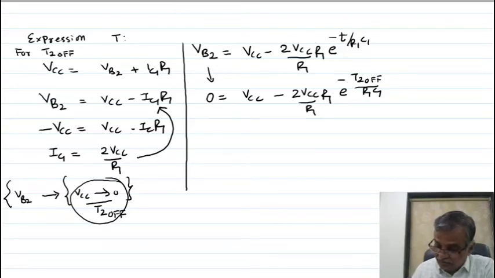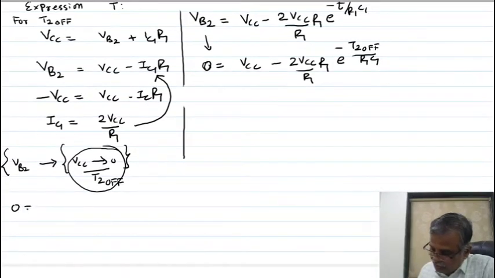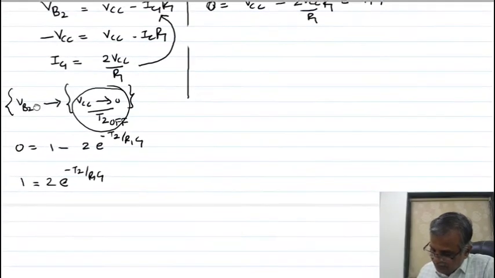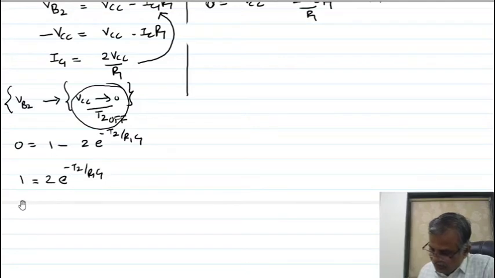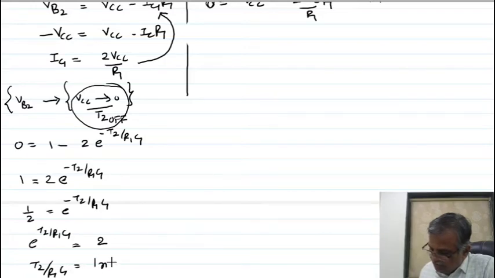From this you can easily write 0 is equal to 1 minus 2 into e raised to minus T2 by R1 C1. So 1 by 2 is e raised to minus T2 by R1 C1. So e raised to T2 by R1 C1 is equal to 2. So T2 by R1 C1 is equal to ln2.